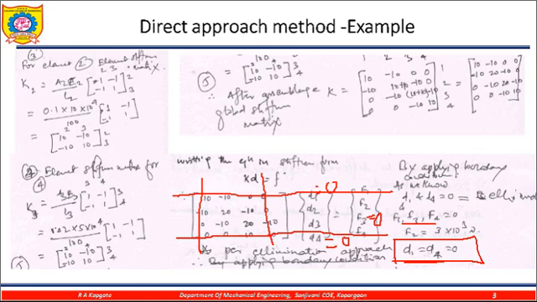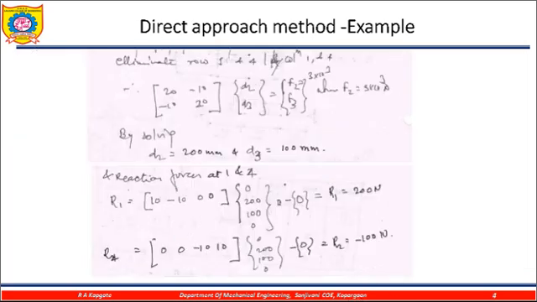So in the next slide we are able to see this after elimination: 20, -10, -10, 20 multiplied by D2, D3, equals F2 and F3. Here F2 is equal to 3 into 10 to the power 3, while F3 is equal to 0. Hence it is very easy to solve this problem.